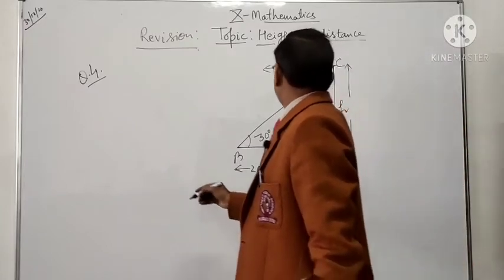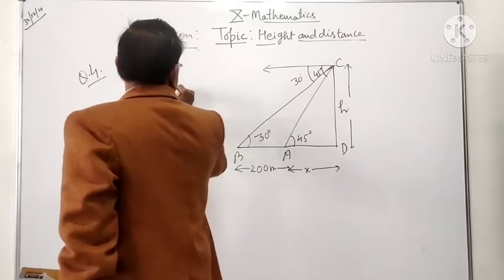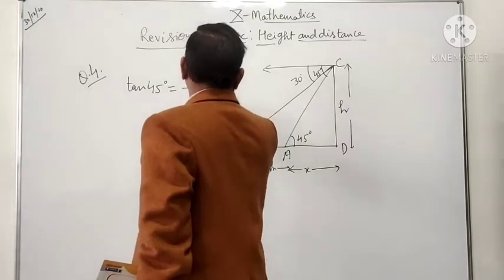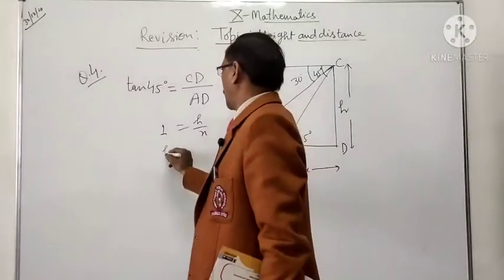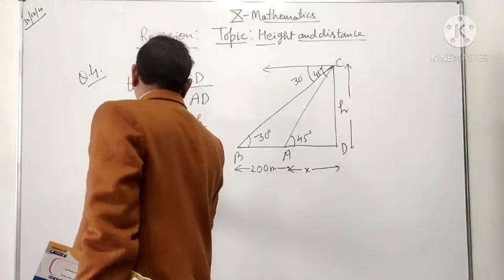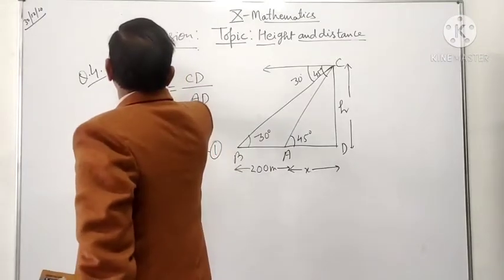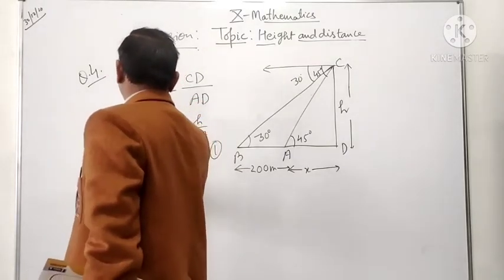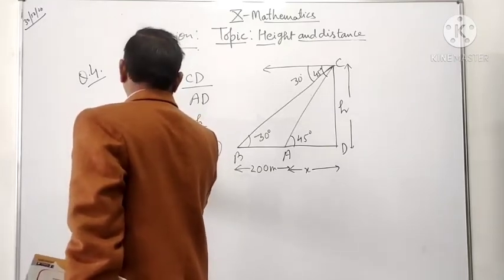Now, tan 45 equals CD upon AD. It is H upon X. Tan 45 is 1. So H equals X. Equation 1. Now, tan 30 degree. Here we are discussing the triangle ACD, and here triangle BCD.